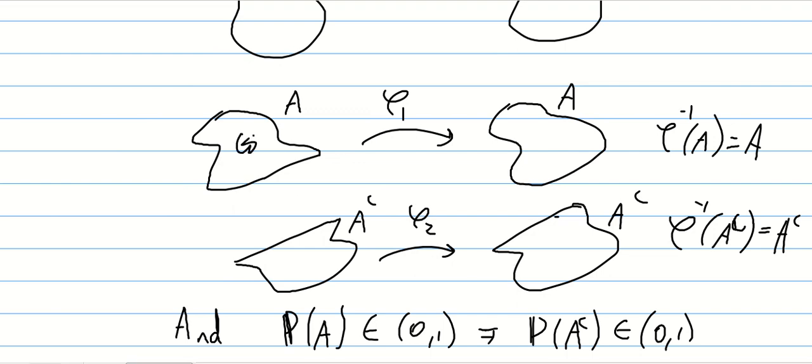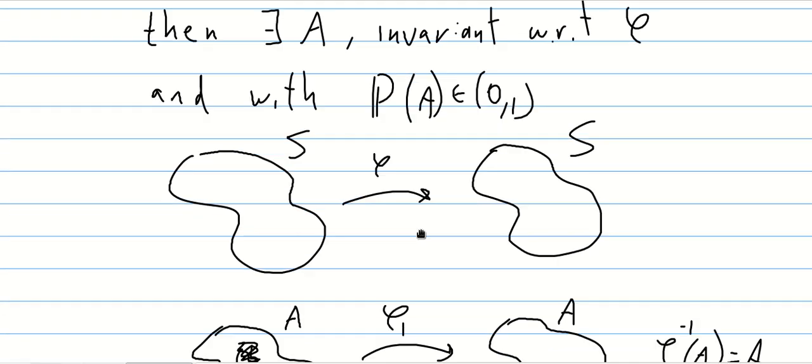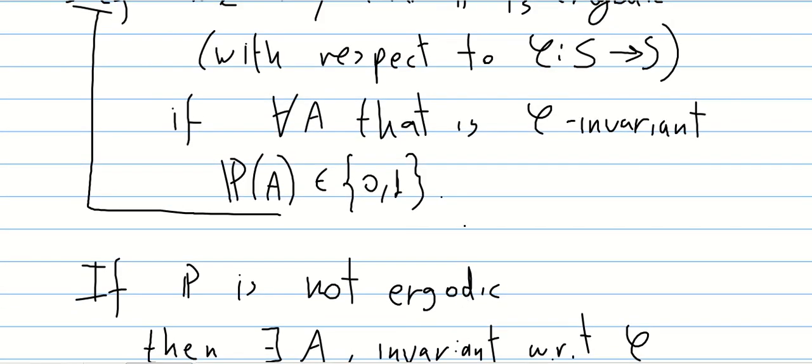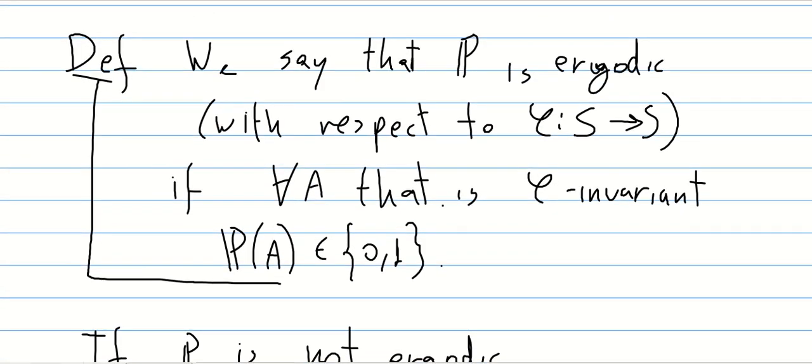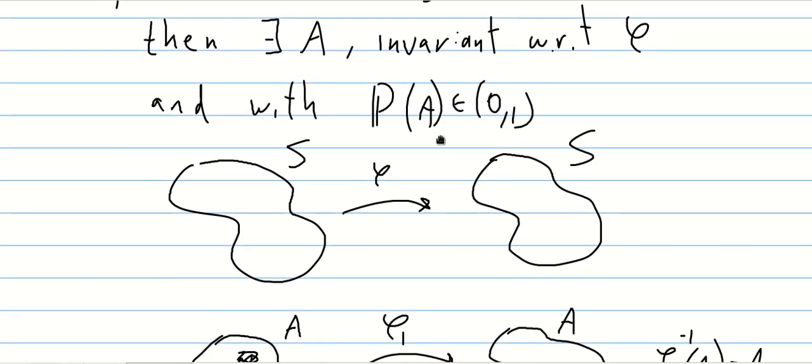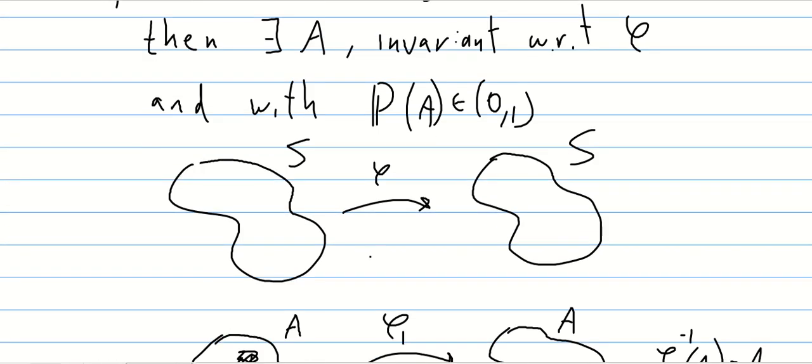There is positive mass here and there is positive mass here. Of course, if you could decompose but one of them had measure 0, this would not be an essential decomposition. So another way to state that something is ergodic is to say that you cannot split S into non-trivial and non-interacting components. Everything in S is interacting with everything else in S.